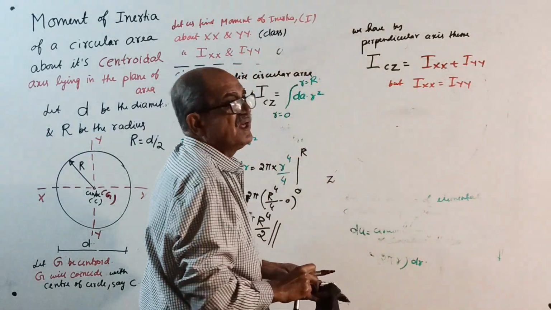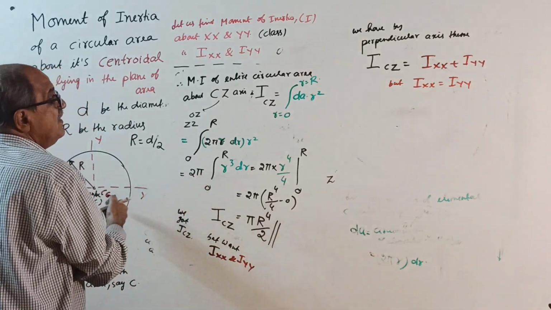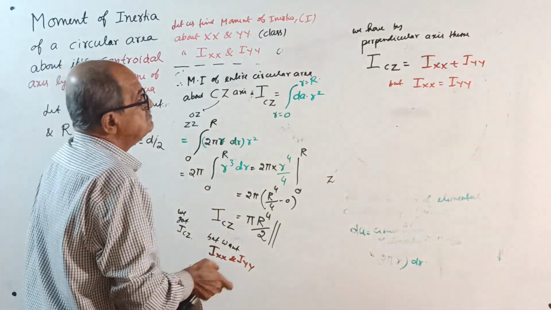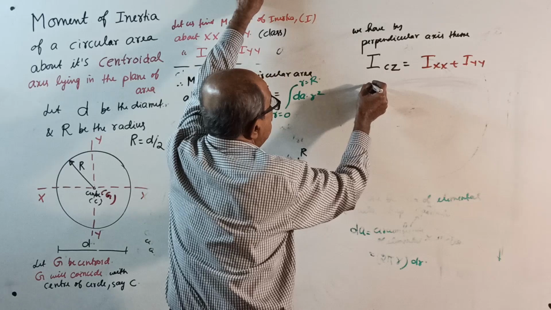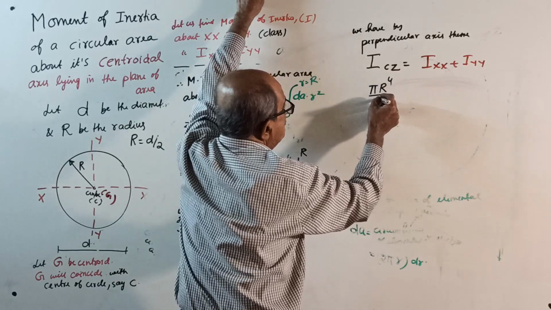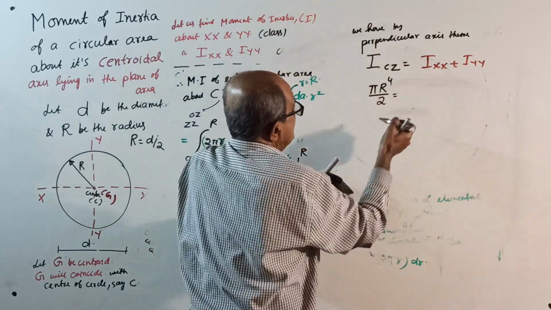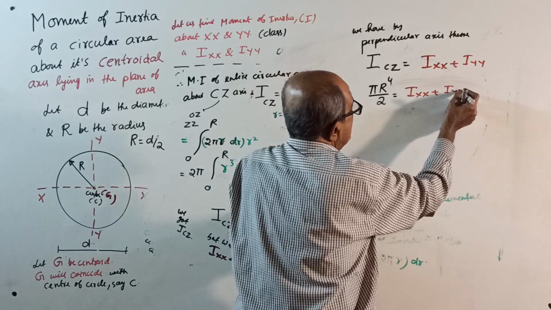But remember, I about xx is equal to I about yy. Why? Because for a circle, whatever I you get about xx is equal to I about yy. Therefore, substituting, this is pi r power 4 by 2, equal to I_xx plus I_yy.